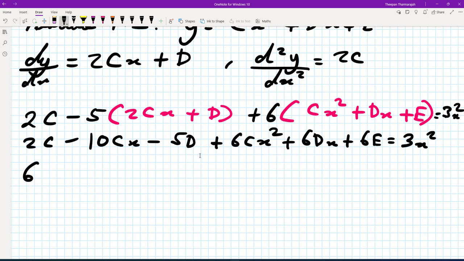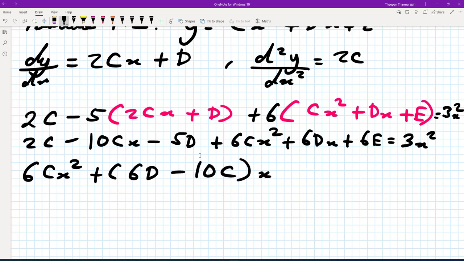So we've got 6cx squared. Now there's no other x squared term, that's fine. And then I've got a 6dx, which is a coefficient of x, and I've got a minus 10c, so I've got minus 10c here, put the x on the outside.